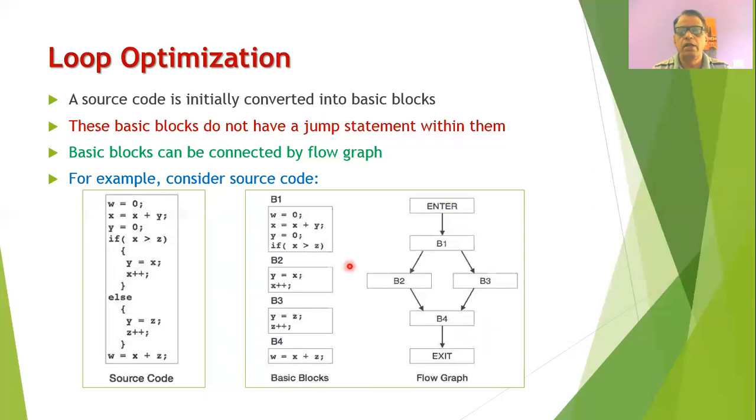Now it is possible to connect these different basic blocks by making use of the flow graph. Whenever we start, we have to start with block B1, and then we will go either to the path of B2 or to the path of B3, depending upon the condition. Then thereafter, we will go to block B4, and it will ultimately terminate this code.